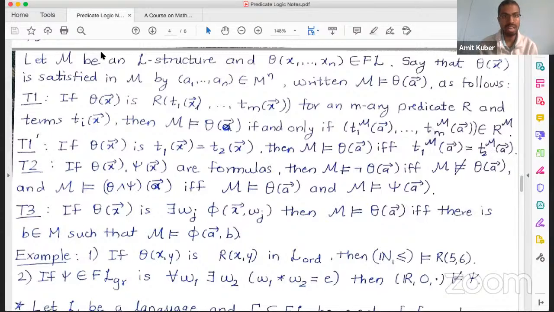I said there is a completeness theorem, but I'm not going to prove it, because this school is not long enough to prove that. First order logic, predicate logic, is complete.